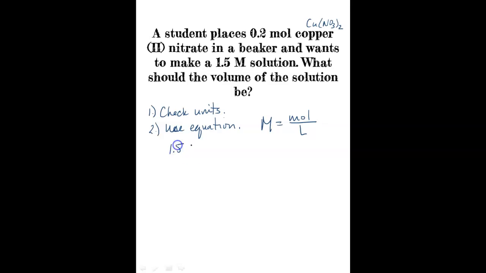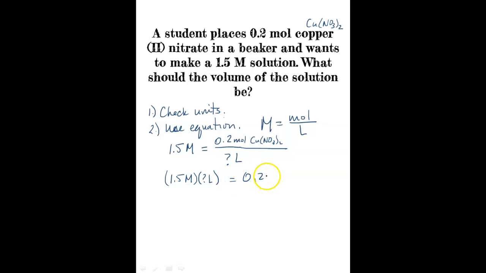I have 1.5 molar solution equals, then I'm going to take these moles, 0.2 moles CuNO3, and then L is my unknown. We'll go ahead and put a question mark here. So that means we need to isolate that variable. What we can do is the cross multiplication so that you have 1.5 molar solution with our question mark L.